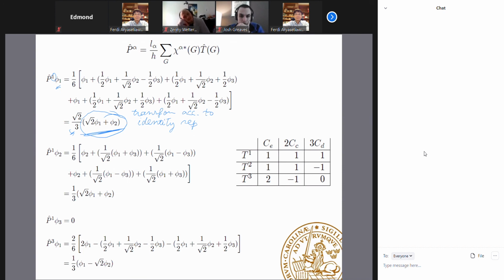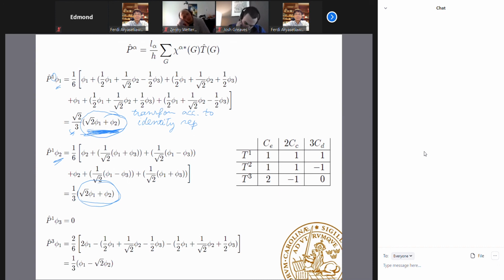If we do the same, of course, we already know that this is the function that transforms according to the identity representation. If we apply this to another function, here phi 2, then we should get the same result, which is indeed what we found. So we have the same linear combinations. We should not get another function that transforms according to the identity representation, because it's only one-dimensional.